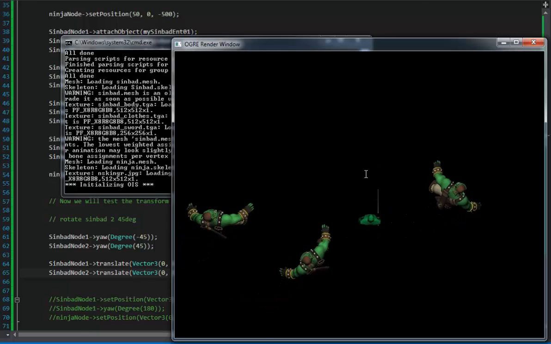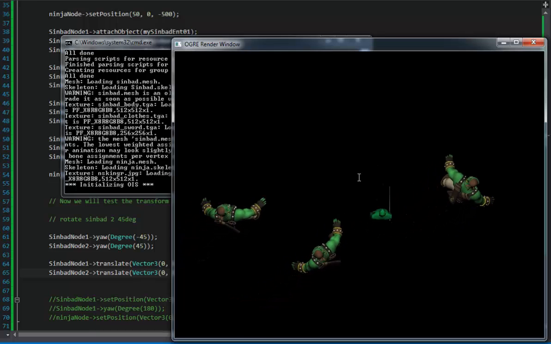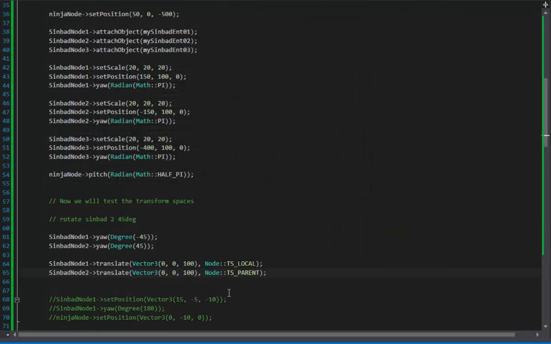Remember, the parent coordinate system for the ninja was the opposite of the Sinbad. Sinbad and ninja were looking in opposite directions when we placed them, so I had the Sinbad rotated backwards. So when I say I want you to go 100 units positive on the z-axis, you move backwards in the coordinate system of your parent, the ninja. That's why when I applied 100 units, it moved my Sinbad backwards.